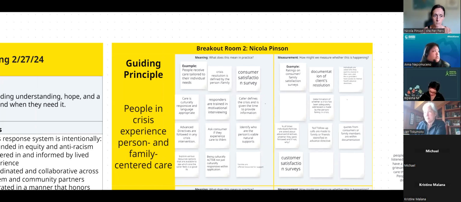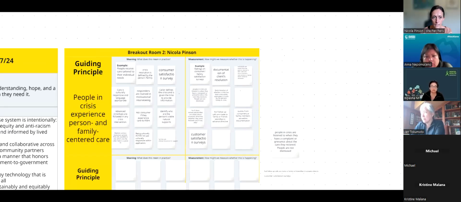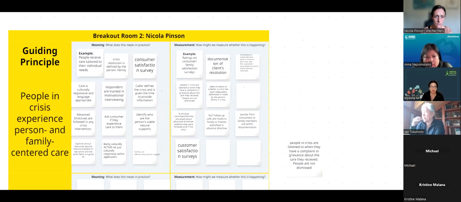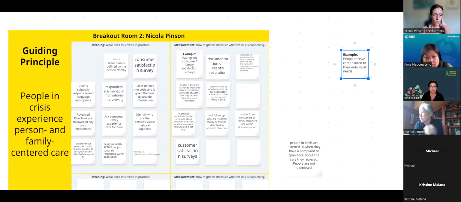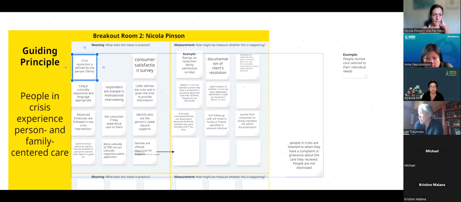Can you all see okay? I'm scrolling in a little bit, but here are our stickies. We had our example one, which I'm just gonna stick over to the side. I just wanna go over some of the things that we identified about what this means in practice.